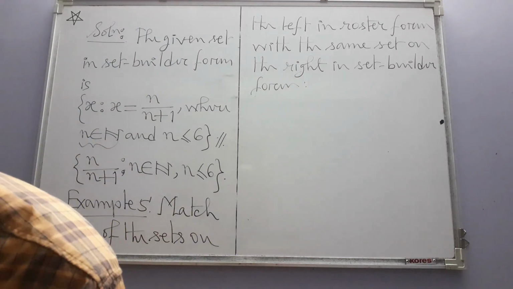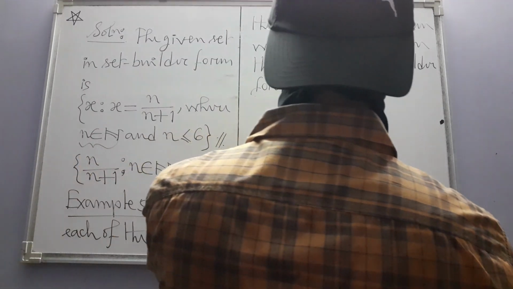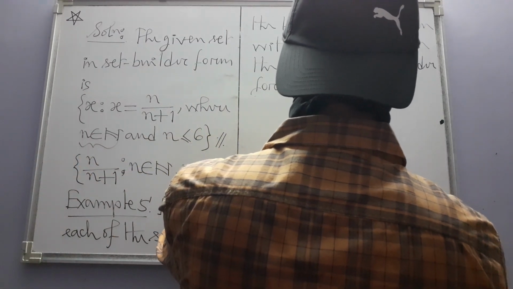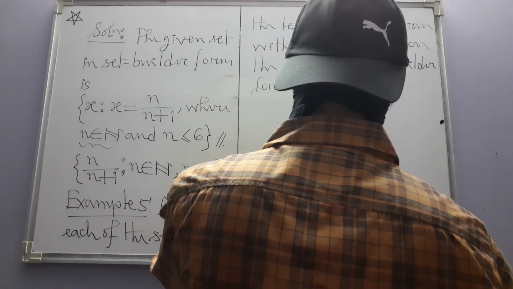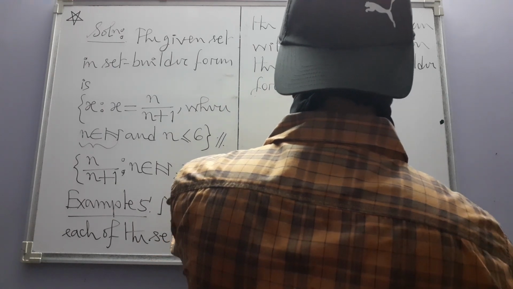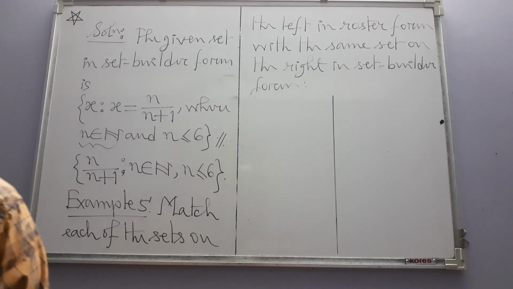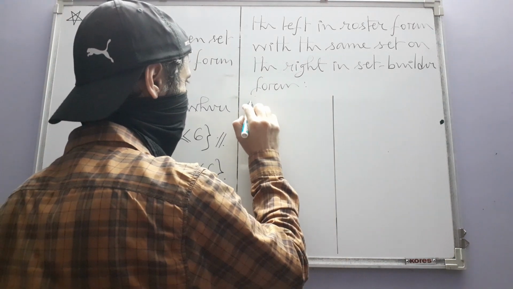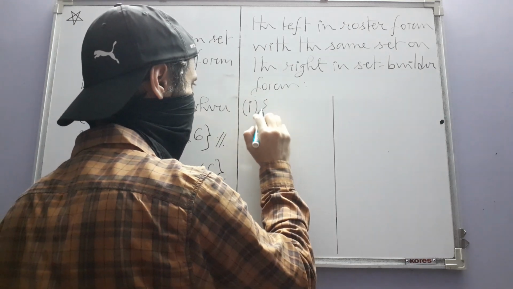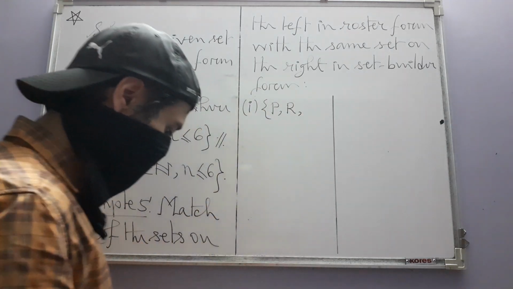Well, in order to make things more clear, let's draw a vertical line in between so that we can clearly distinguish the two lists. So the first set in the first list consists of these letters.